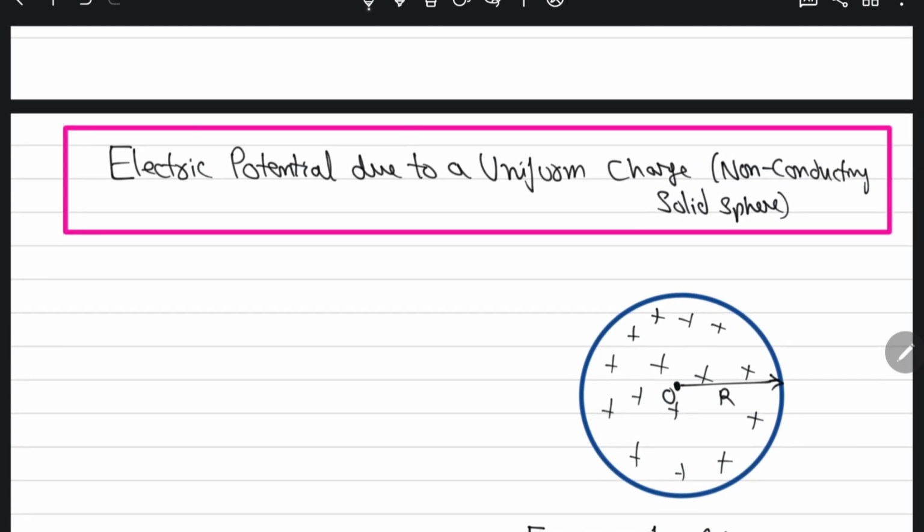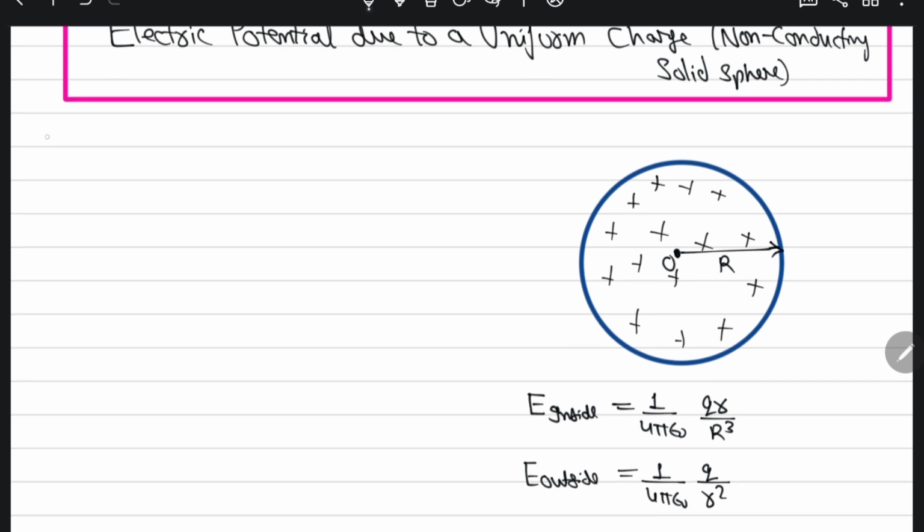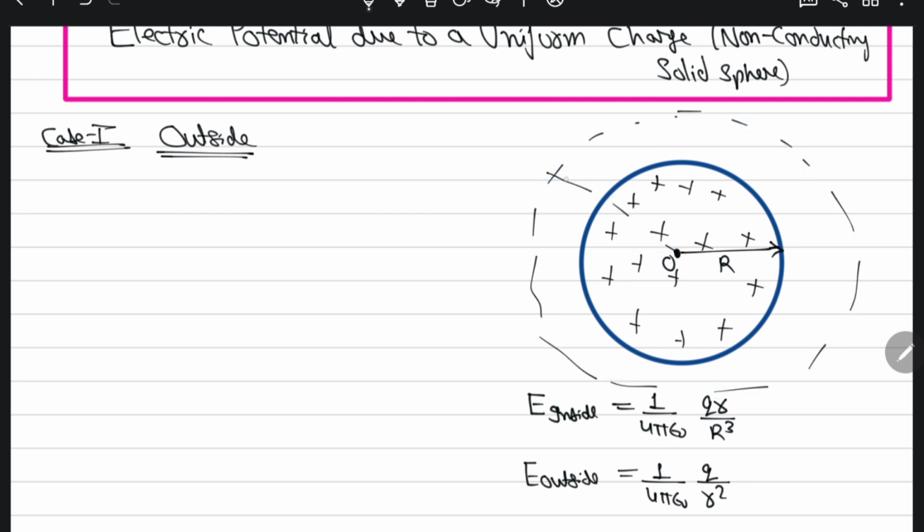Now we can find the electric potential difference. First, case first: the electric potential outside. For outside, I just draw the Gaussian surface, and then I find the potential at the outside region, the integral of E dot dr vector.